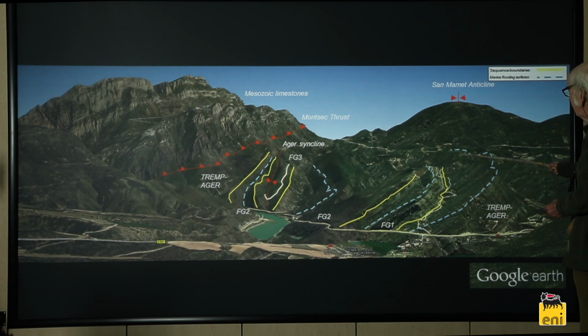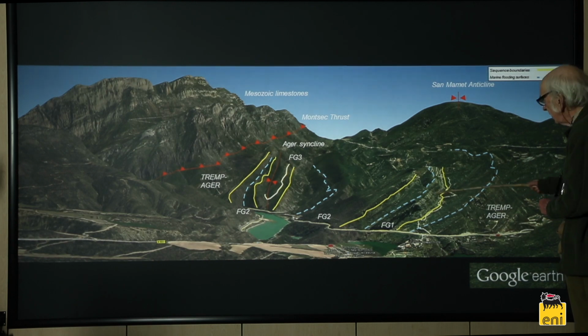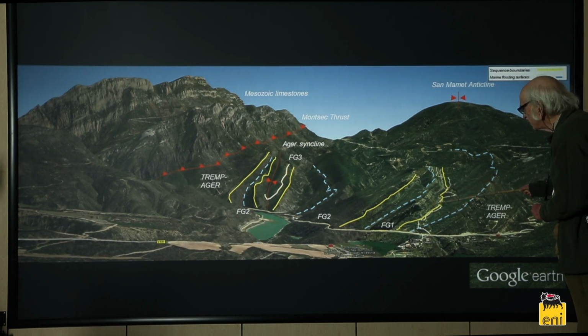And in the southern limb we can recognize the Tramp-Ager group, a marine flooding surface at the top, some shale above, and then in yellow we have the unconformity through which the Figols 1 overlies the Tramp-Ager group. Here you have the deltaic sandstone we will see in detail later on.